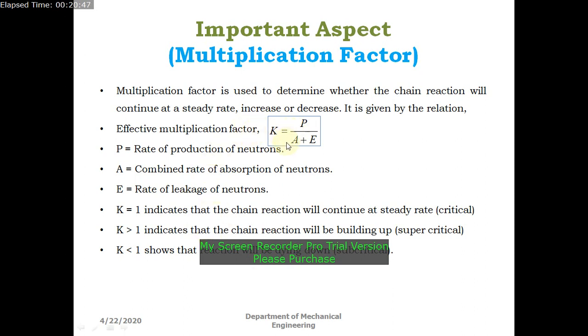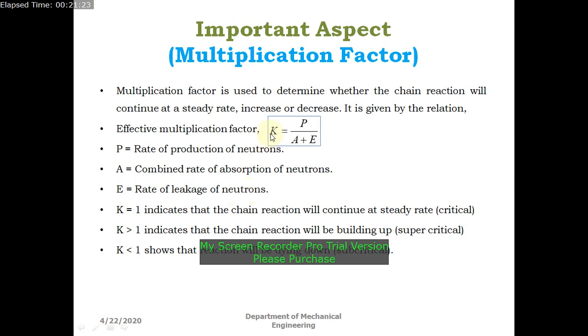Multiplication factor is given with the relation K = P / (A + E), where P indicates the rate of production of neutrons, A represents the combined rate of absorption of neutrons. Combined rate means the control rod is absorbing the neutrons, and even the moderator will slow down neutrons, but sometimes moderators also absorb neutrons. And E represents the rate of leakage of neutrons to the surroundings.